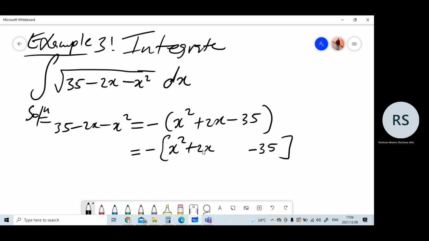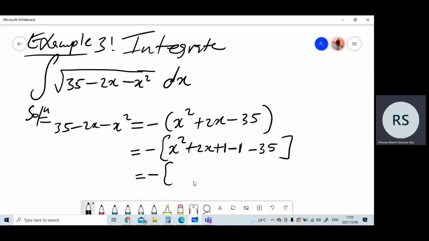Half of the coefficient 2 is 1, and 1 squared is 1. So we add 1 squared, which is 1, but when we add 1, we need to subtract 1. All right, so go to the next step.